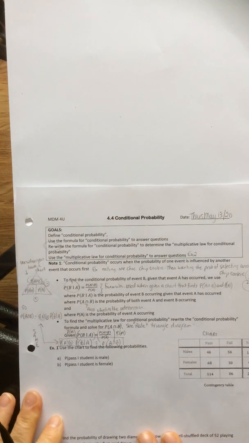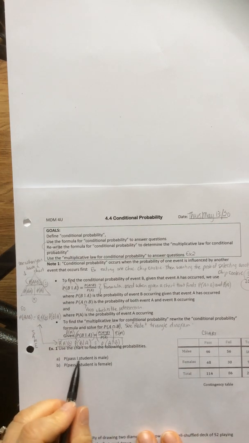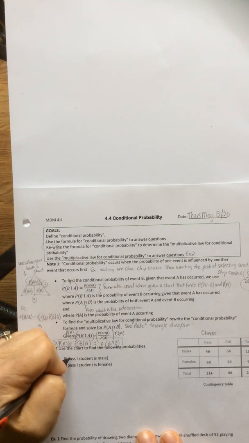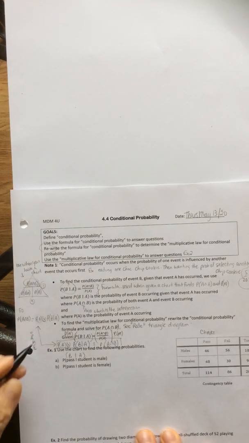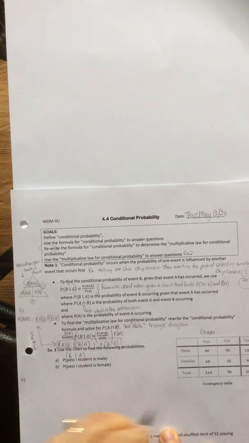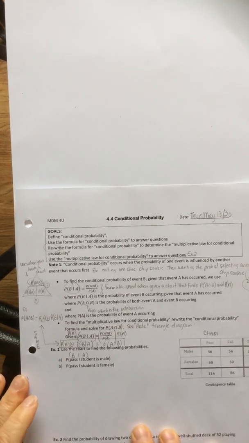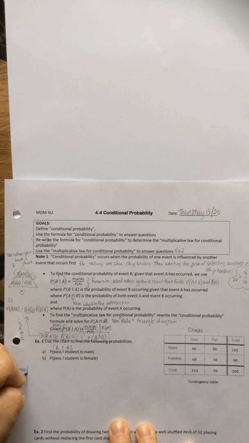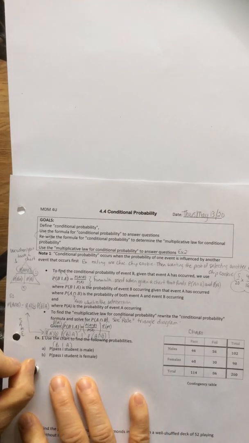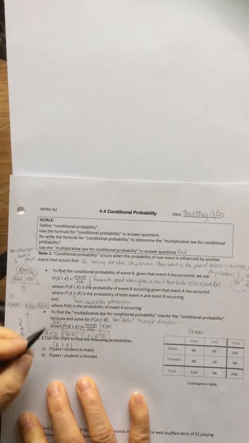Okay, so let's speed this up. Probability that a pass given that the student is male. So this is the B given that A has already happened. I have to move things over because I really don't have a lot of space on my page. So the probability that I have a pass given that the student is male. Let's just shorten this to male.